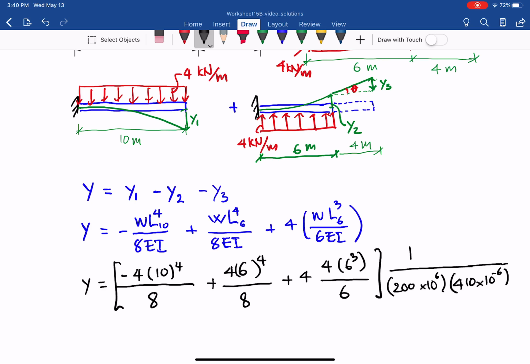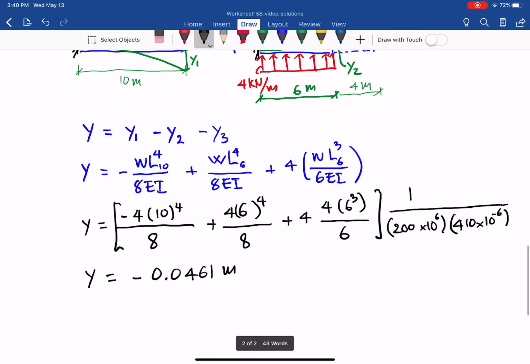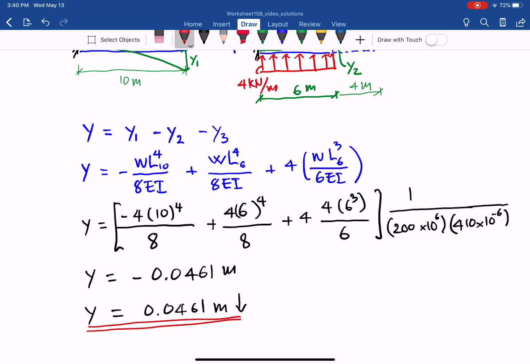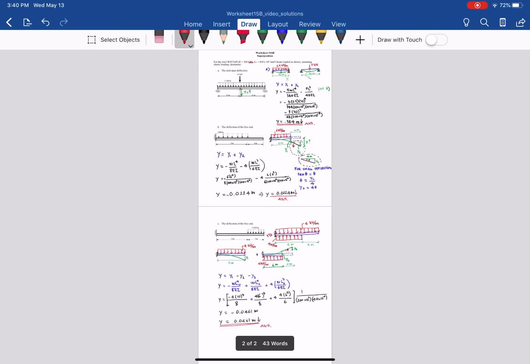And from that we can find out y equal to negative 0.0461 meter, or equal to magnitude 0.461 meter going down. And that is our answer, and we have completed worksheet 15B.